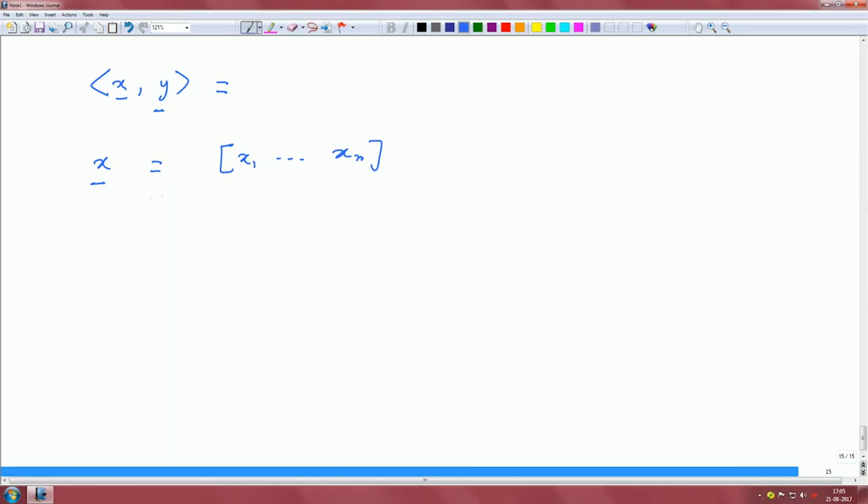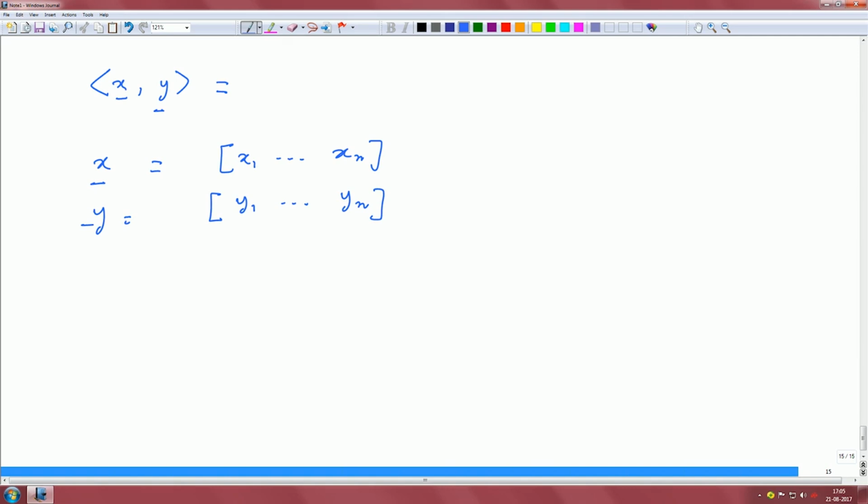Now, suppose I think about the inner product of x and y. I have x with coordinates x1 till xn, and the vector y with coordinates y1 till yn, right.